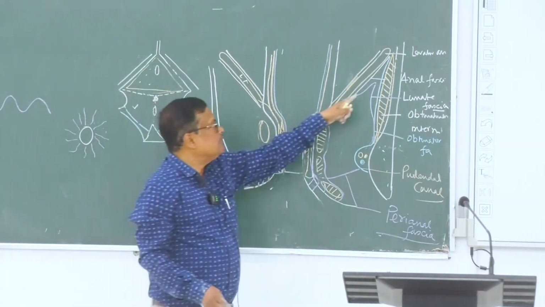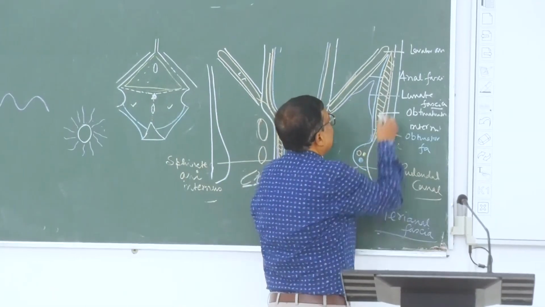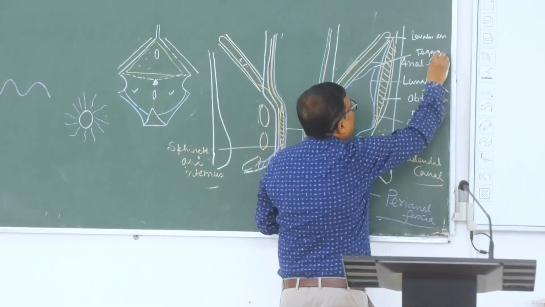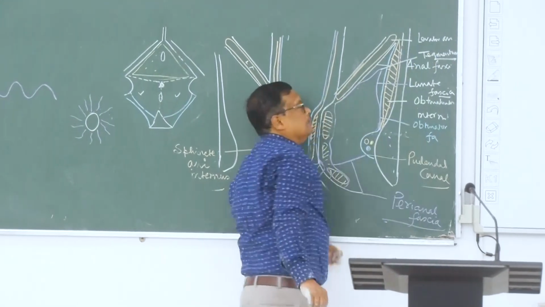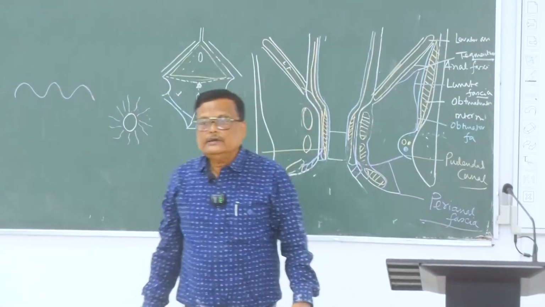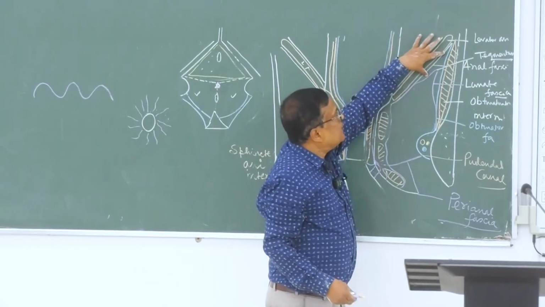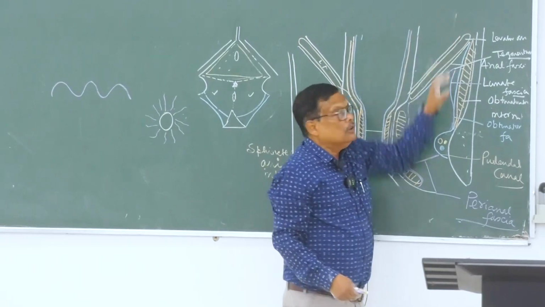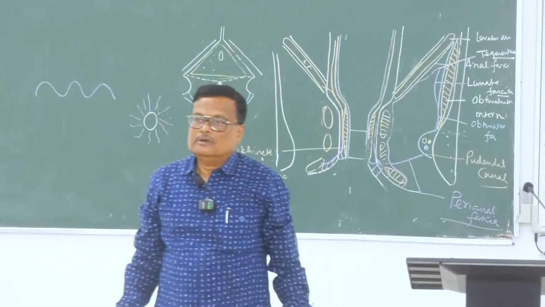Amra boli tegmentum. So the part of the ischio-anal fossa above the tegmentum, we call it suprategmental space.